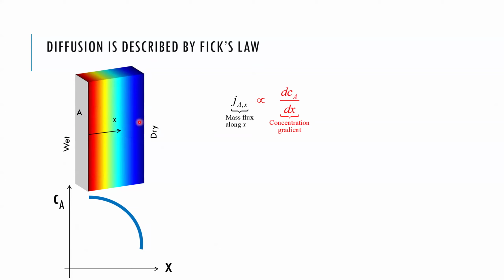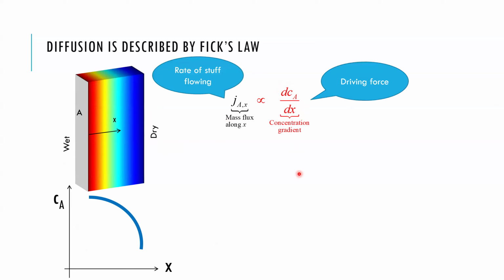But also, given the two concentrations, if they're spread apart by a very large distance, then it's not going to go as fast. And that's the dx part. So it's really dC_A/dx, meaning the rate at which concentration is changing with x. So that is my concentration gradient. So the rate of stuff flowing is set by the concentration gradient, the driving force.